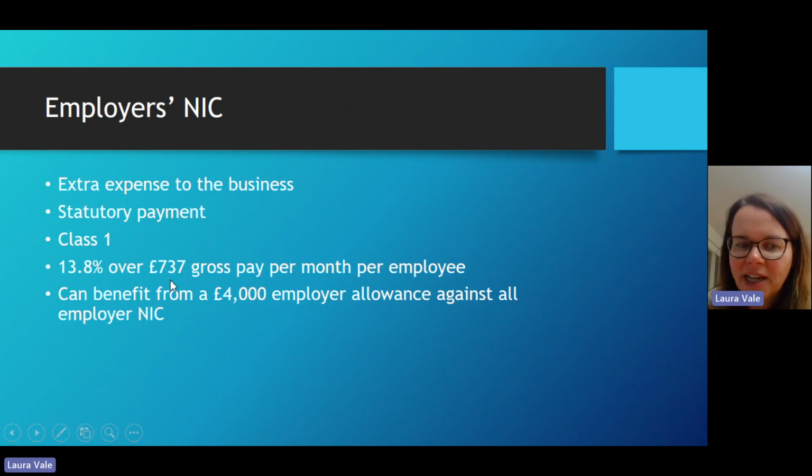Now again, don't worry about the figures too much, but it just gives you an idea of how expensive it is to employ people. Employers can benefit. There is what's called an employer allowance, which is where there is £4,000 available for them to subtract against their employer national insurance contributions.